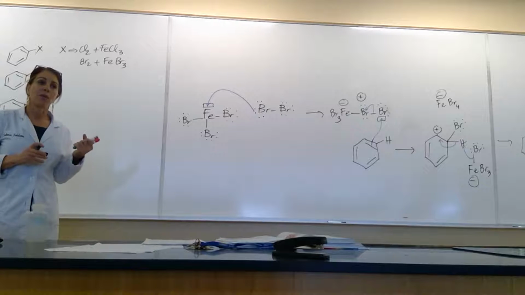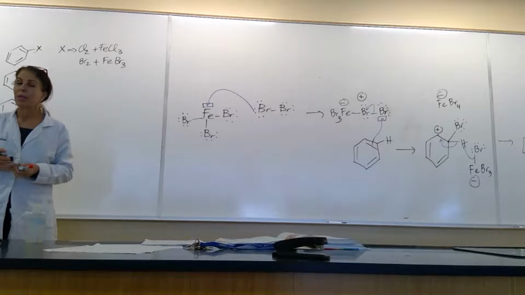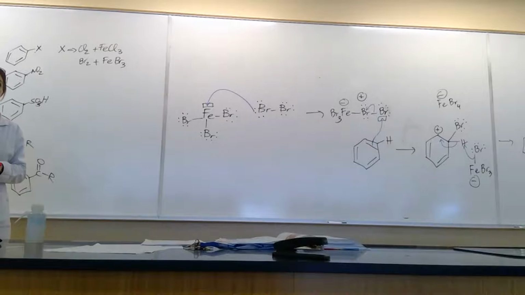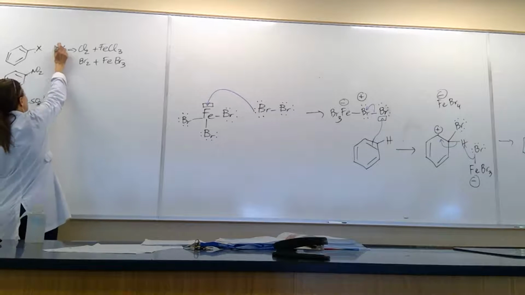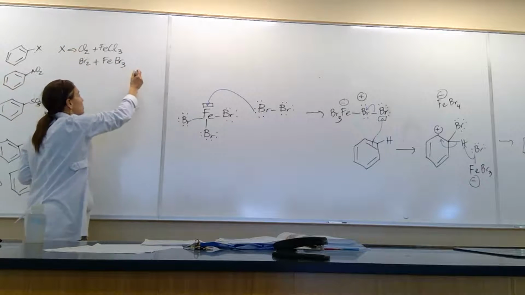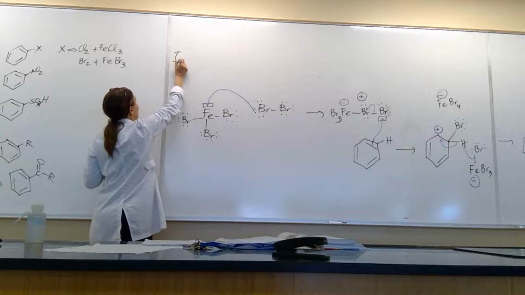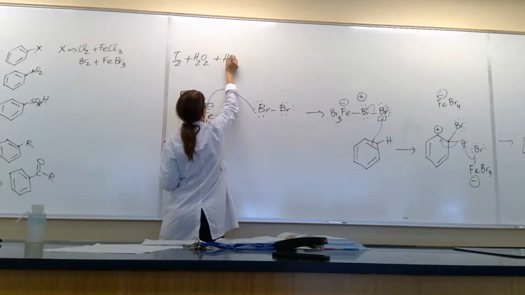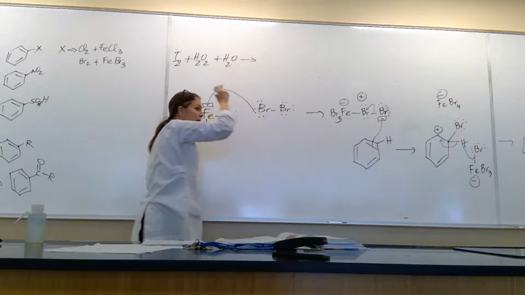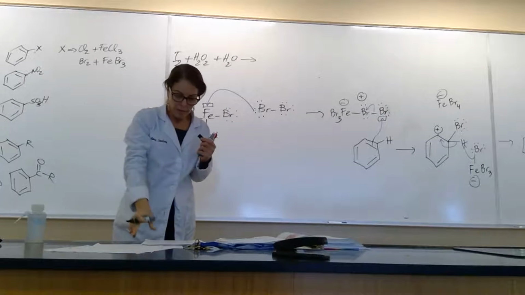Iodine doesn't work with iron because of size, okay? So they're not very compatible. So the best method for iodine is not to use this mechanism. For iodine, you use hydrogen peroxide and water. So you have to oxidize it, okay?